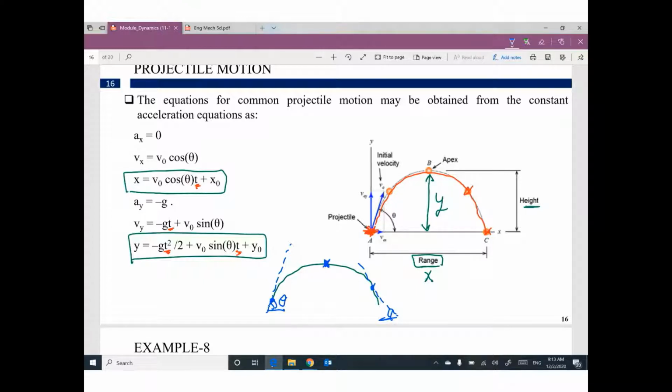The tangent at this point will be horizontal. We don't have a vertical component for this tangent. So at the highest point of the parabola, Vy, the vertical component of velocity, will be 0. This information will help you to solve some problems.